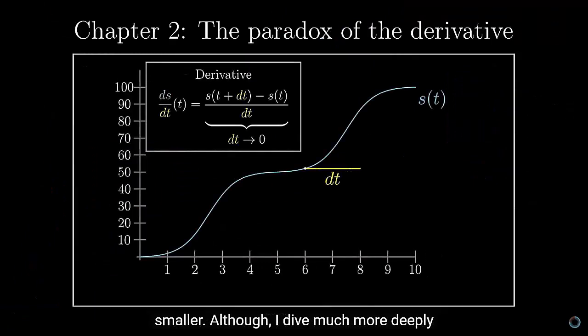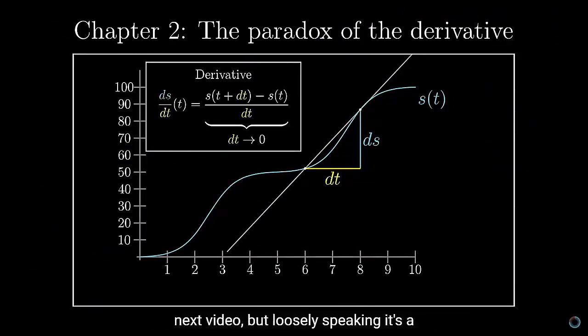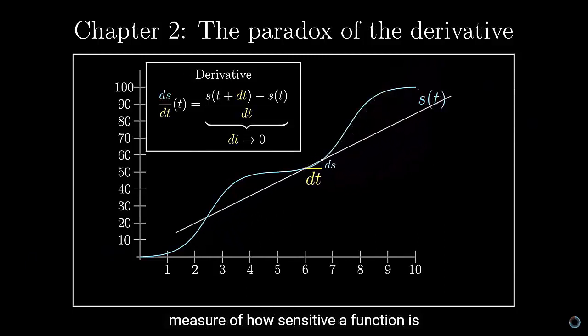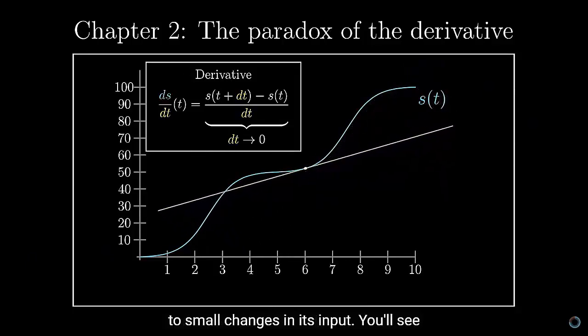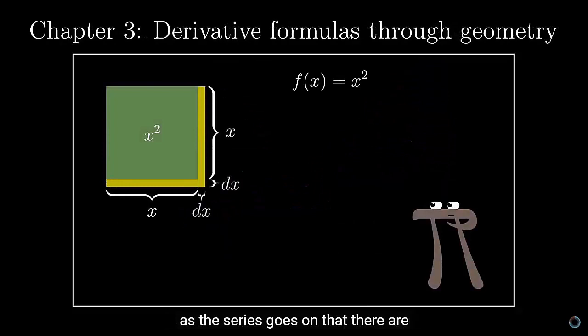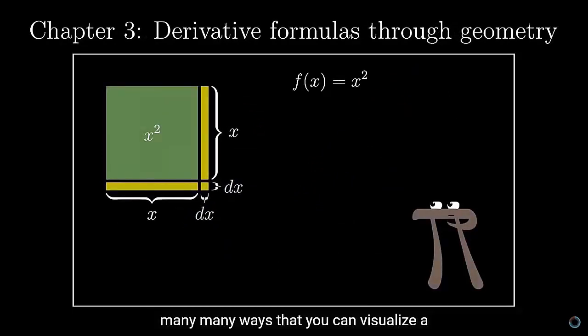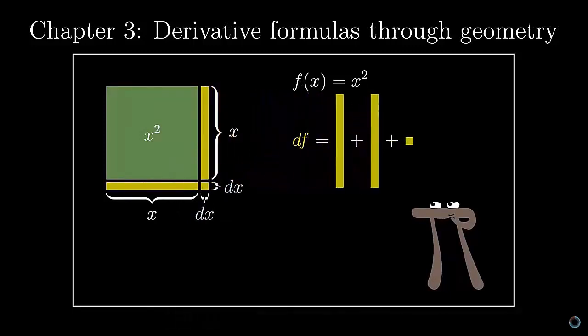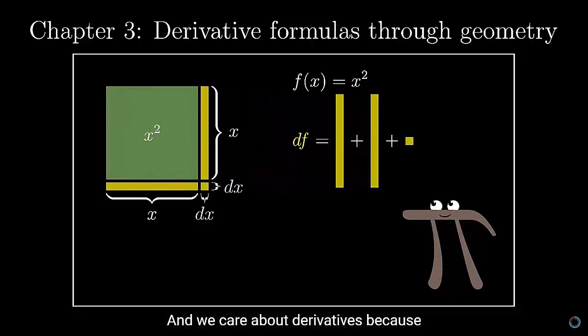I'll dive much more deeply into the idea of a derivative in the next video, but loosely speaking, it's a measure of how sensitive a function is to small changes in its input. You'll see as the series goes on that there are many ways that you can visualize a derivative, depending on what function you're looking at and how you think about tiny nudges to its output. And we care about derivatives because they help us solve problems.